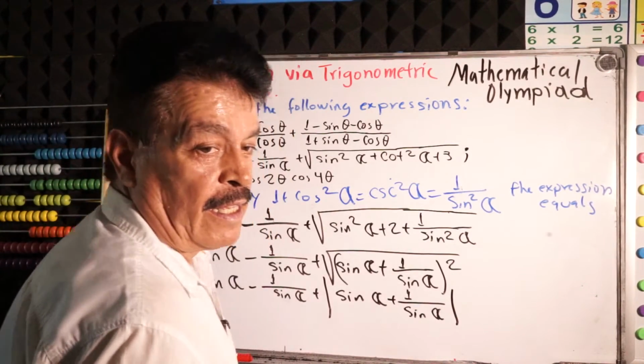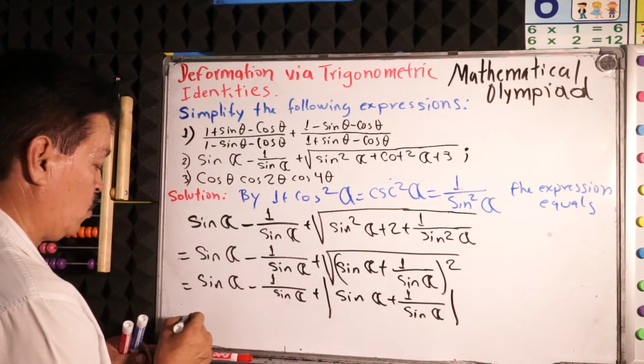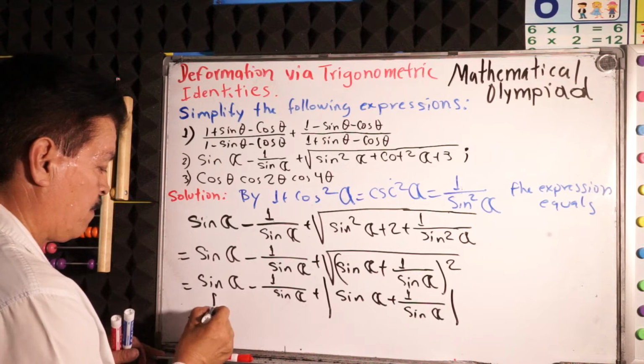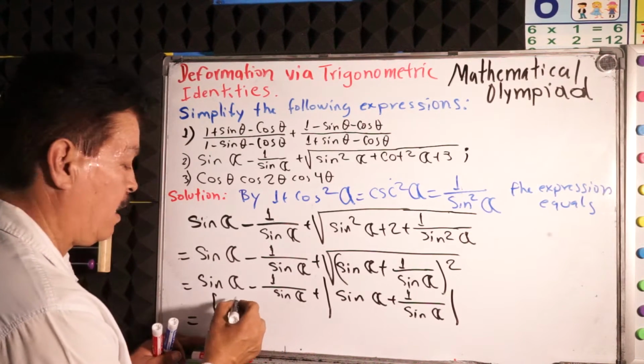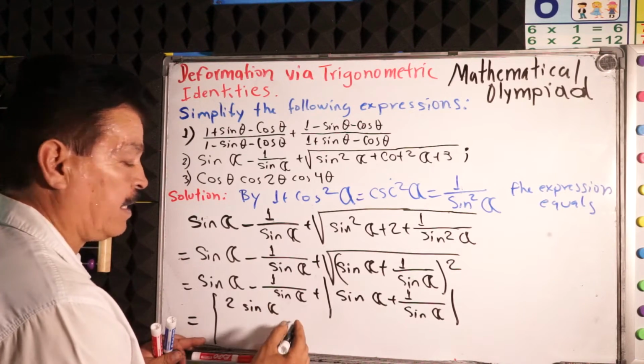Okay, here this is very important. To conclusion, on top we have 2 sine of the angle over here.